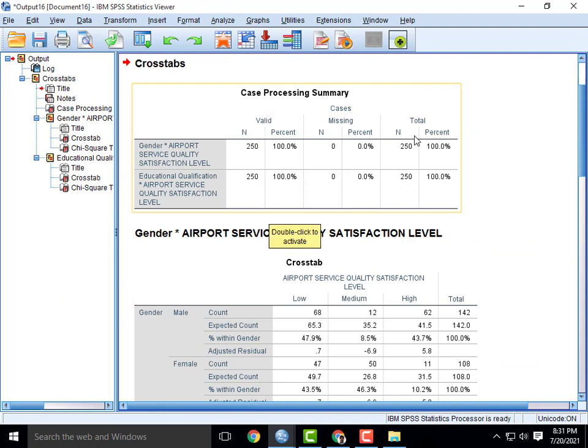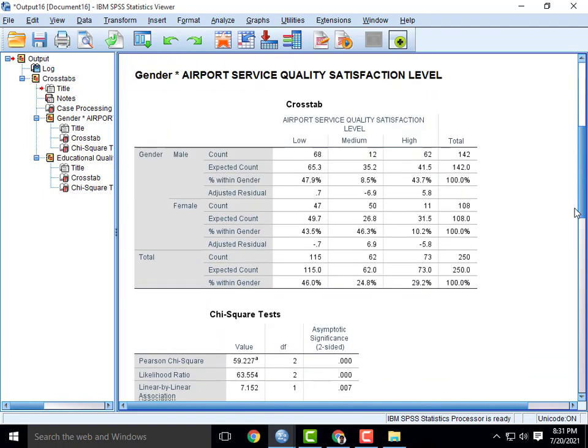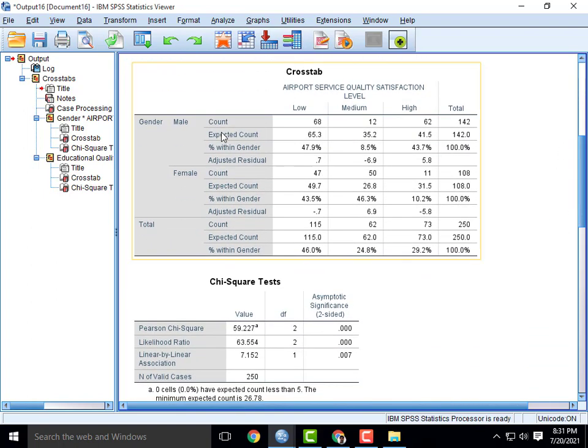Now case processing summary, we have 250 sample size, so 250, 100%, so missing value is 0. Now come to the cross tabulation. So here we have cross tabulation of airport service quality and gender, male and female.